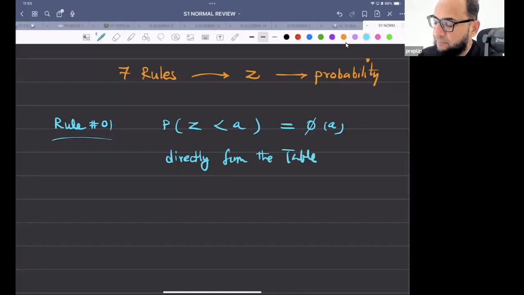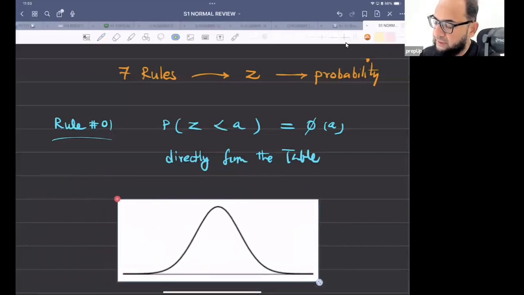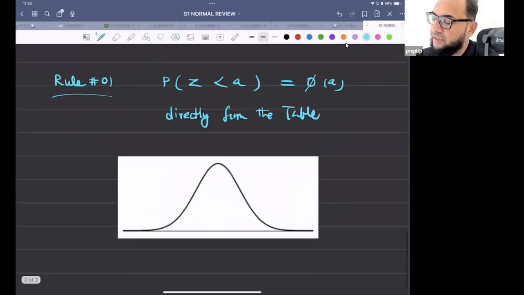And let me draw a diagram over here so that we can understand it. So now this diagram is over here, and we are talking about a positive value. So let me first draw a vertical line over here, something like this. And then there is a particular Z value like this.